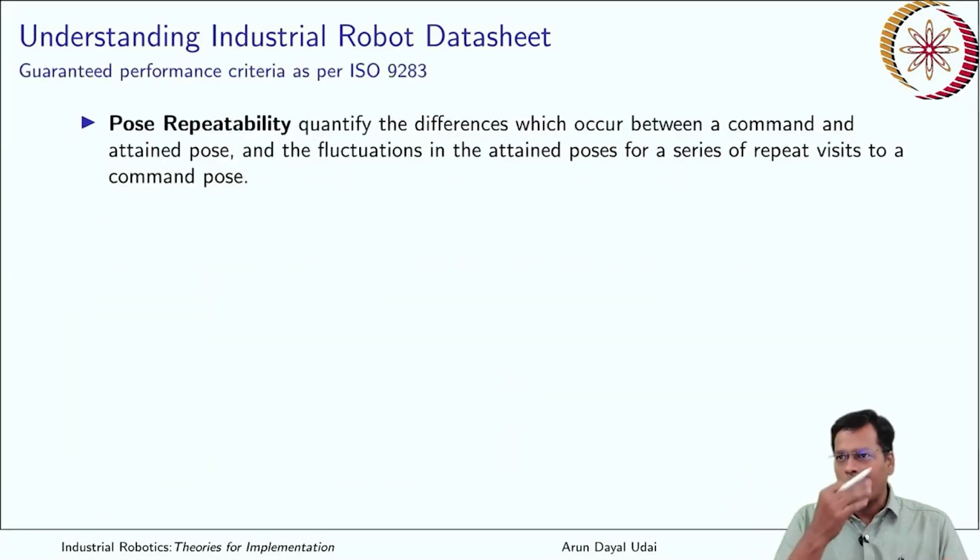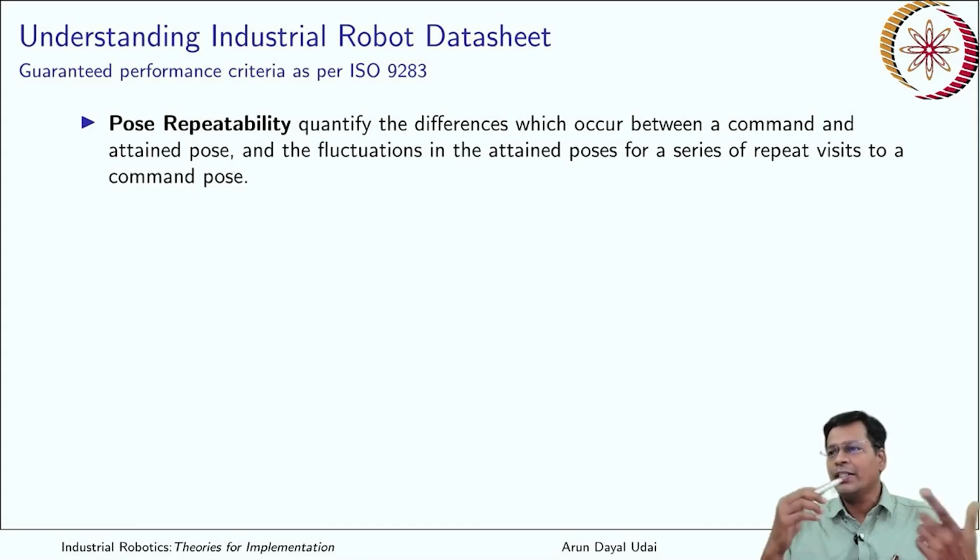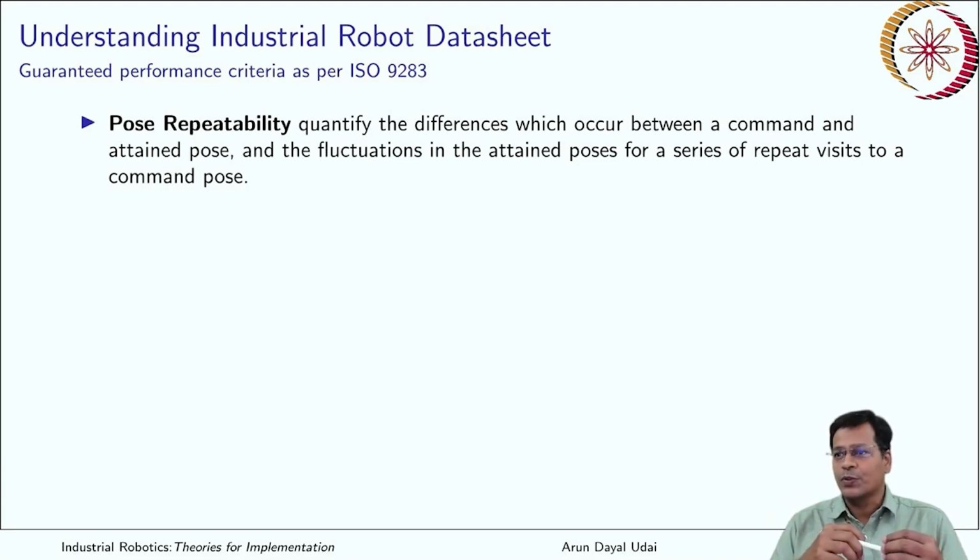Then a very important parameter defining the performance characteristics of industrial robots is ISO 9283. It also defines a parameter which is known as pose repeatability. This quantifies the differences which occur between the commanded position and the attained position, and the fluctuations in attained poses for a series of repeated visits to the commanded pose.